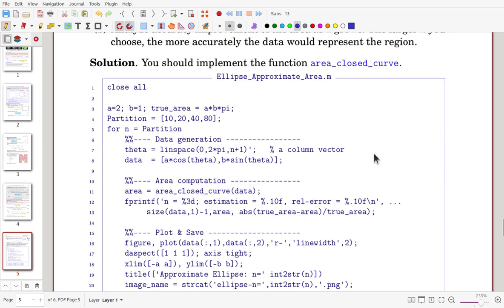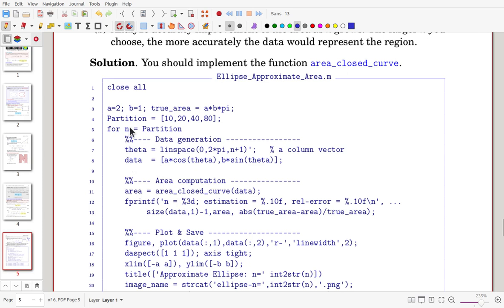Let's see this program. A is 2, B is 1. So the true area is AB pi. Now we have 4 different choices of n saved in a partition: 10, 20, 40, and 80. For each n inside this array, n will become 10, 20, 40, 80 in this loop.